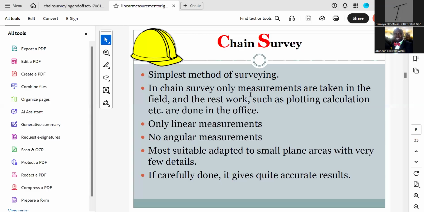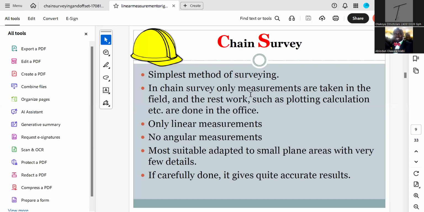All right. So chain surveying, we said in the last class that in chain surveying, we deal with linear measurements, that is distance measurements. And don't forget when we treated linear measurements as a topic, we said it is one of the basic operations in geomatics. So in chain surveying, all we do is to take linear measurements.